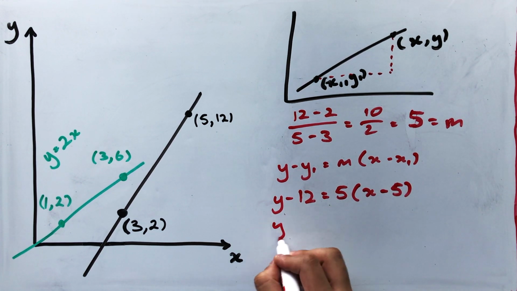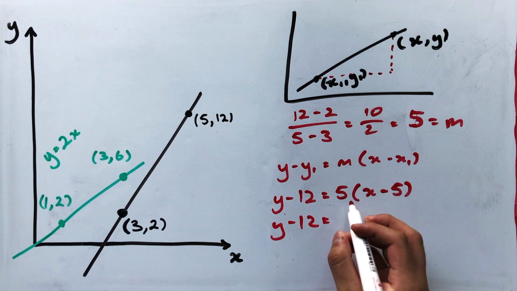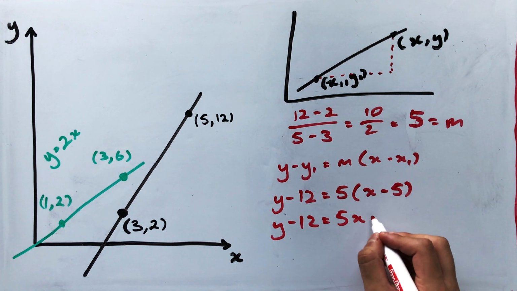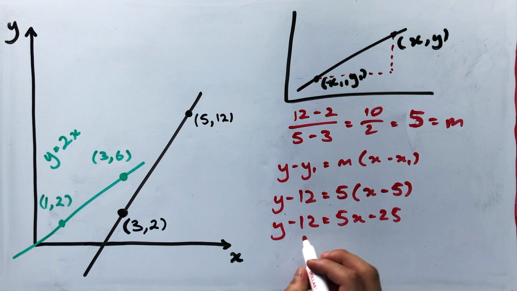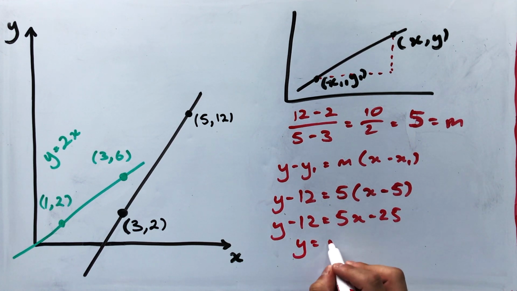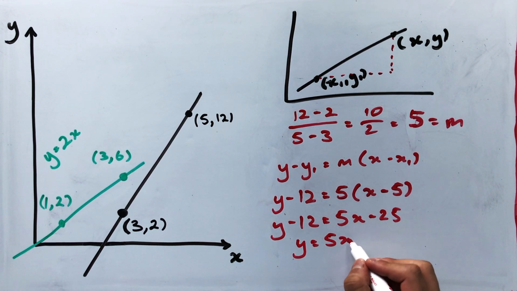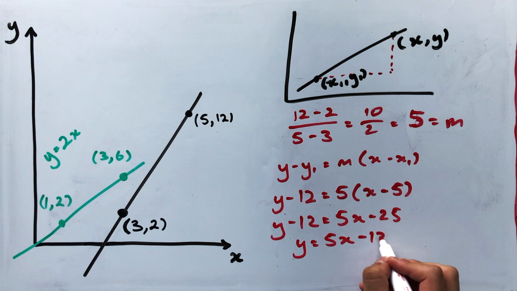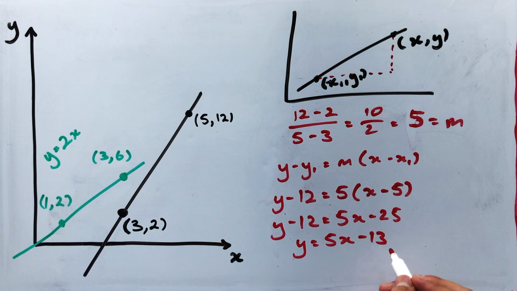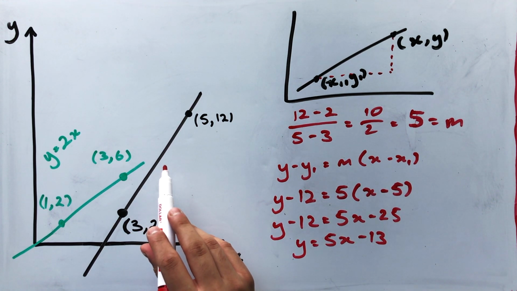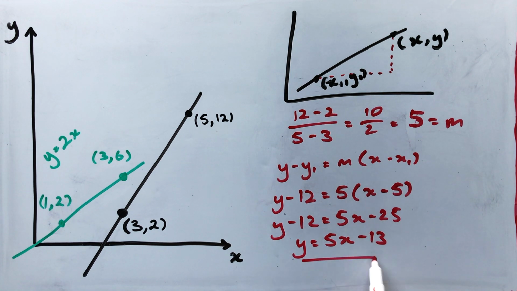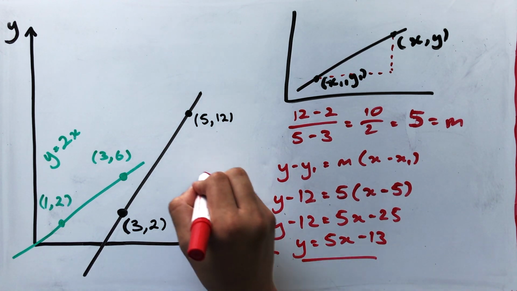Now by expanding the brackets on the right hand side, we get 5x minus 25, and by adding 12 to both sides, we get y is equal to 5x minus 13, and this is the equation of this black line, sorry. y is equal to 5x minus 13 is the equation of this black line.